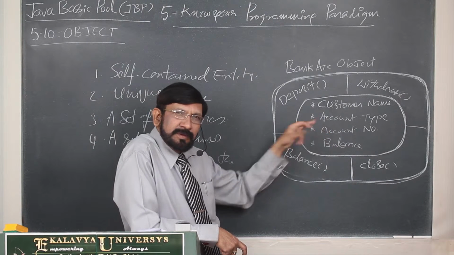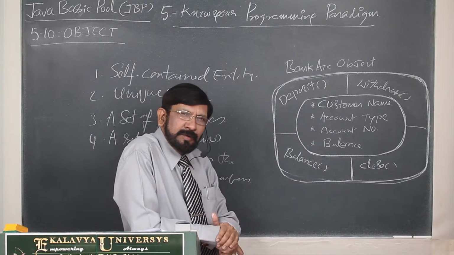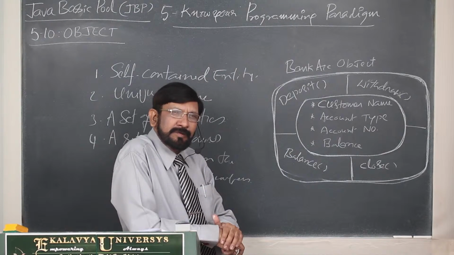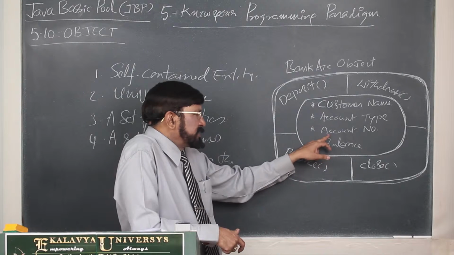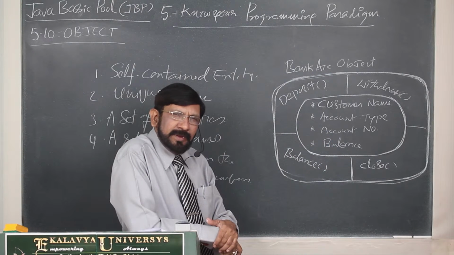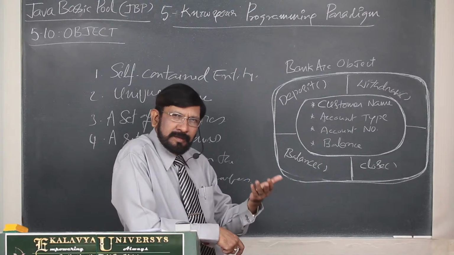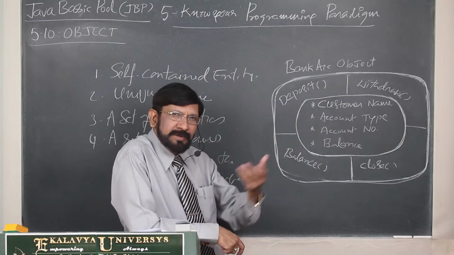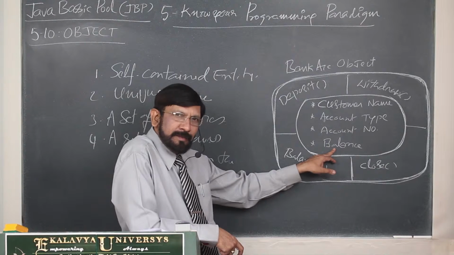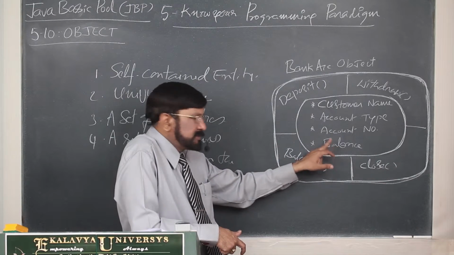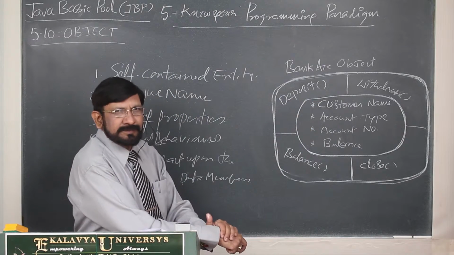Account type means it may be SBI savings bank account, current account, a recurring account, overdraft account, etc. Next, account number. Every account is having a unique number, and an account is for maintaining a balance. So, a balance. At every time, a certain balance is there. That is current balance. These are the properties.